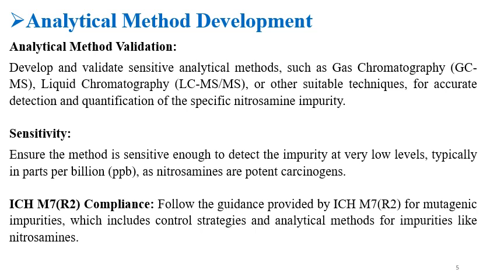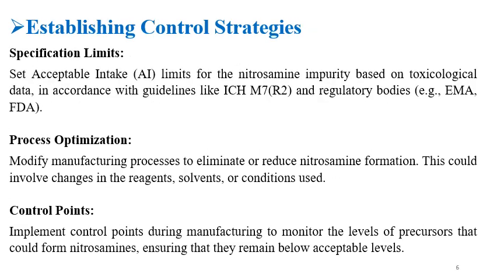ICH M7 compliance. For this, follow the guidance provided by ICH M7R2 for mutagenic impurities, which includes control strategy and analytical method for impurities like nitrosamines. So ICH M7 guideline is there to guide you regarding the analytical method. Then coming to the establishment of control strategies. Control strategy involves specification limits, process optimization, and control points.